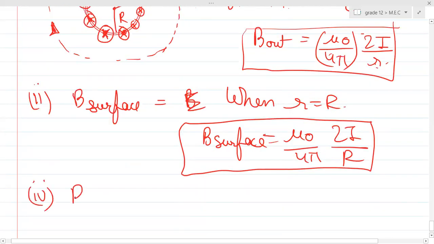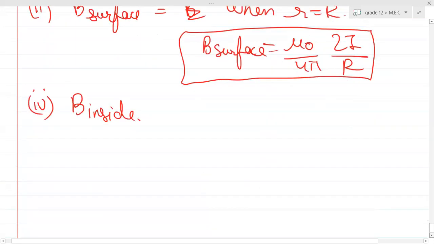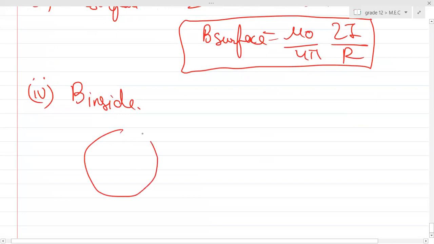Now, the last part is B inside. Can you see when you come inside that particular wire?